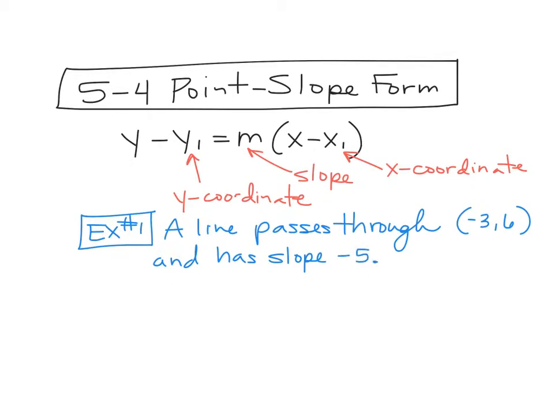Okay, so you have a line that goes through a certain point. Here's our point. Okay, and has a slope of -5. And what they want is for you to put that into an equation. Okay, so they'll say write the equation of the line. EQN, by the way, is my abbreviation for equation. So write the equation of the line.